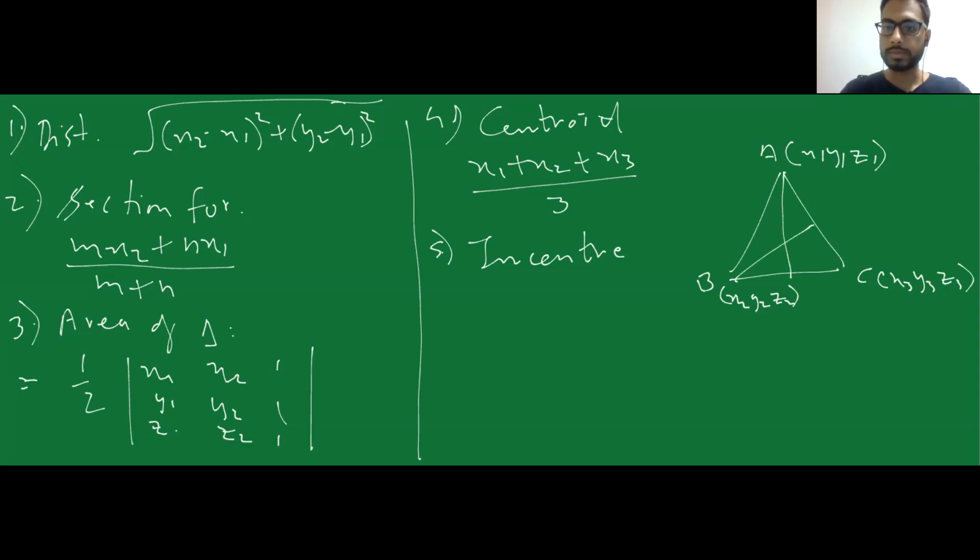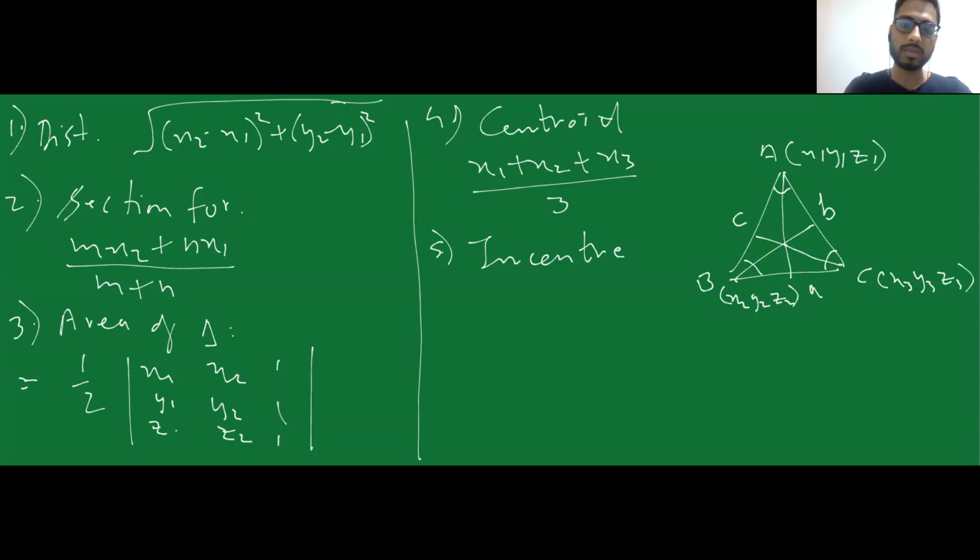Incenter is where my angle bisectors are going to meet. Suppose they meet at this particular point, then for the formula, let side opposite to point A be denoted by small a, side opposite to B denoted by small b, side opposite to C denoted by small c.